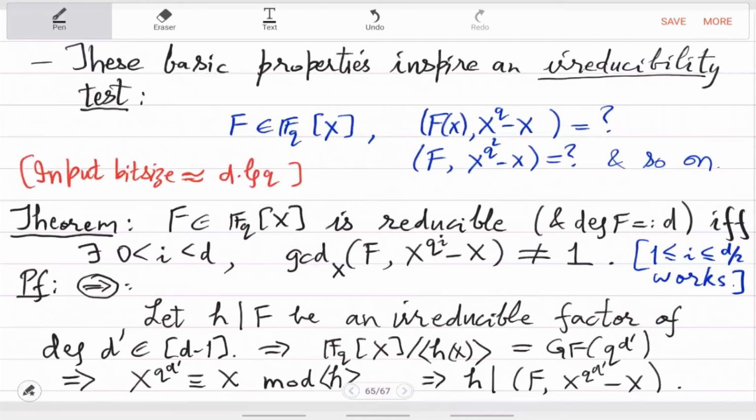Actually the correct characterization is that i equal to d prime will give you a certificate, GCD not 1. But after d prime, the next i will be 2d prime. So you will actually get it in multiples of d prime.